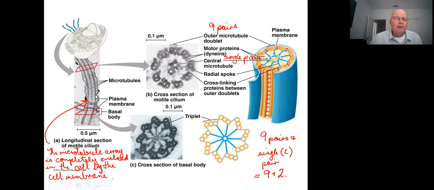So having the microtubule array of the cilia and flagella completely encapsulated inside the cell membrane means that these are cellular extensions. They are enclosed within the cell proper because they're surrounded by the plasma membrane, and they truly are extensions of the cytoskeleton.